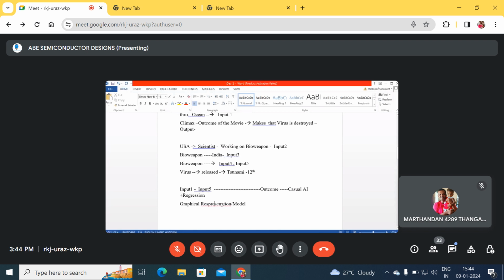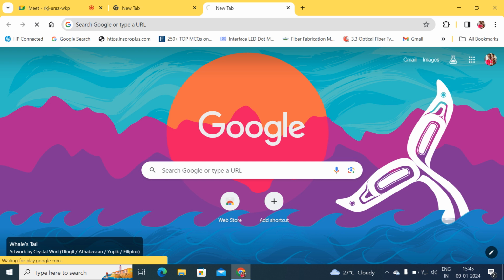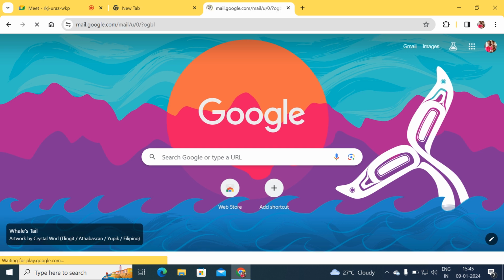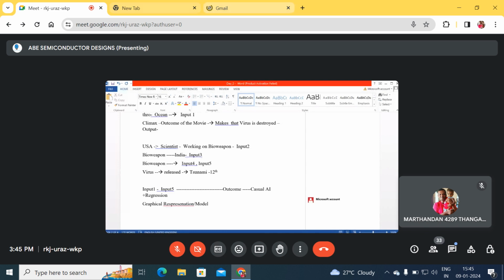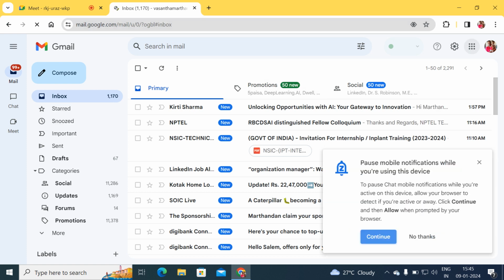So first is, so there will be hanging actually in systems. Sorry, there was a hanging in my system actually due to the software.